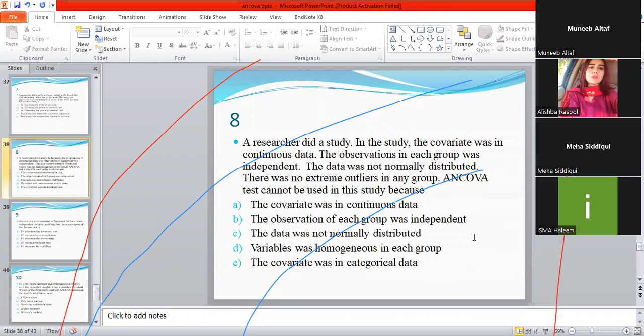The options were: the covariate was continuous data and the observations of each group were independent; the data was not normally distributed; the variables were homogeneous in each group and the covariate was categorical data. C is the right answer. The data was not normally distributed. That's why the ANCOVA test cannot be used.